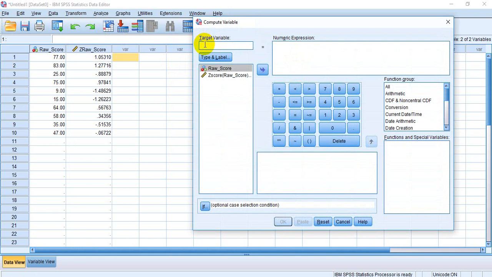You see, this score, and then we put it in this manner.